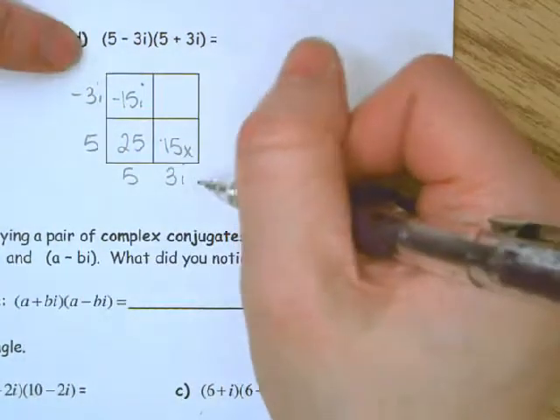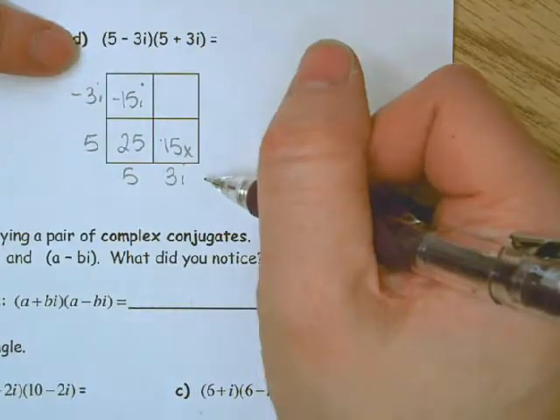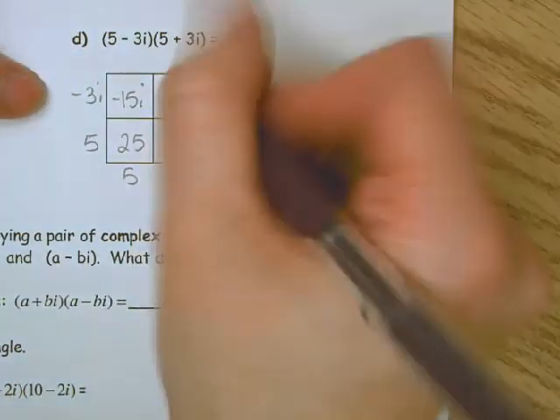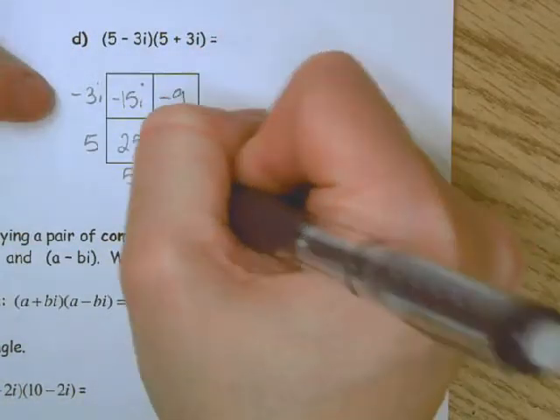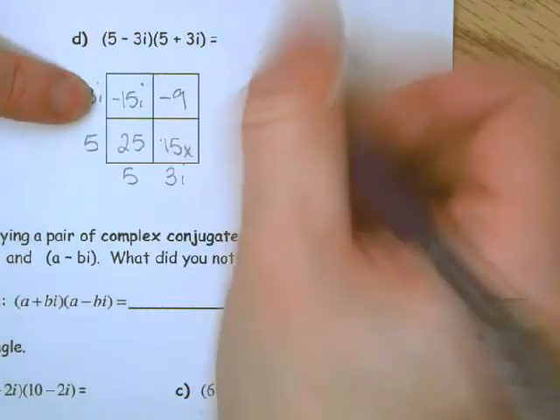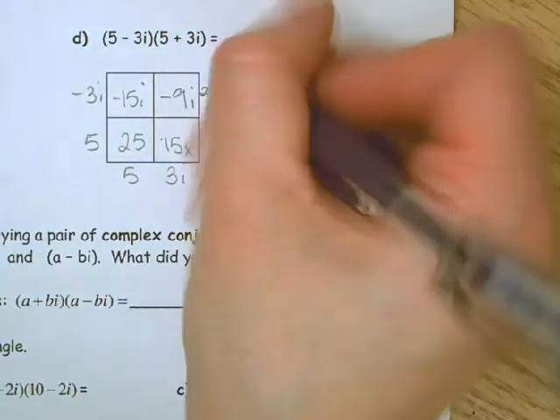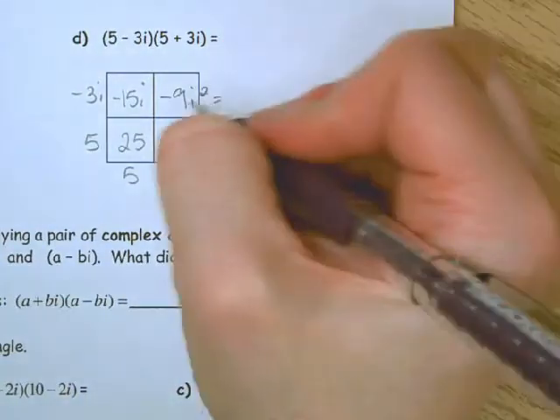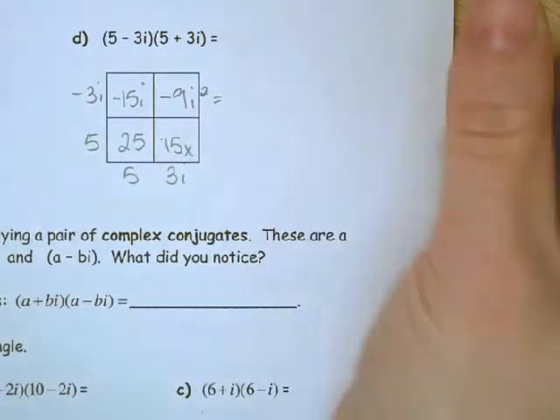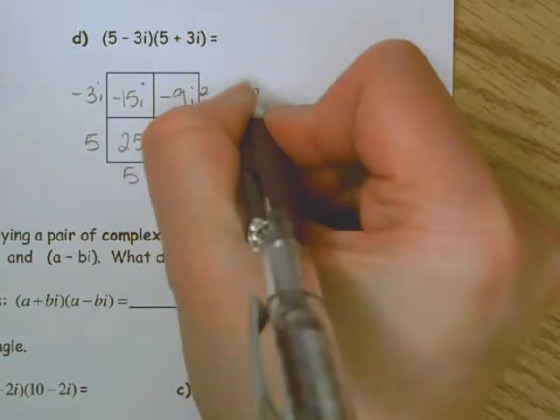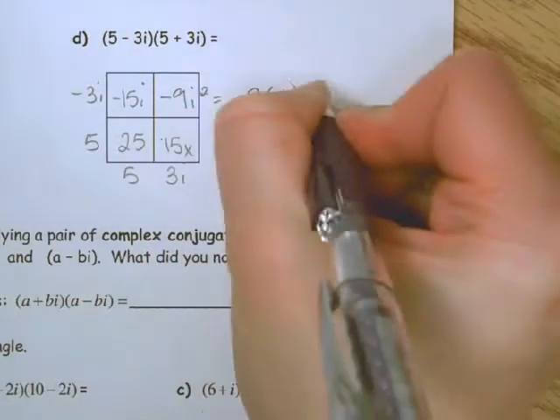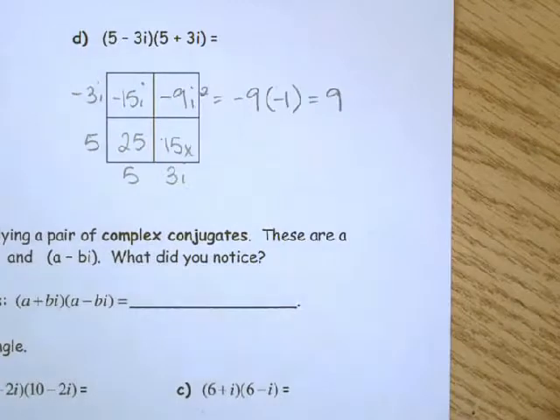And negative 3i times negative 3i is going to be negative 9 because of the negative 3 times negative 3, and then i squared. That's not simplified because we know that i squared is equal to negative 1. So we have negative 9 times negative 1, which gives us a positive 9.